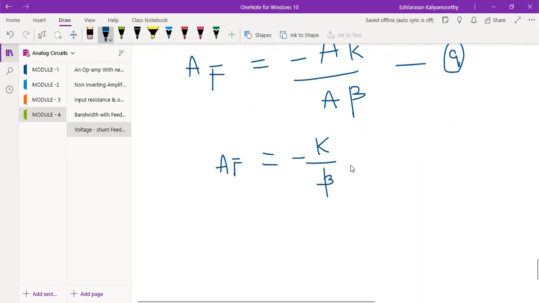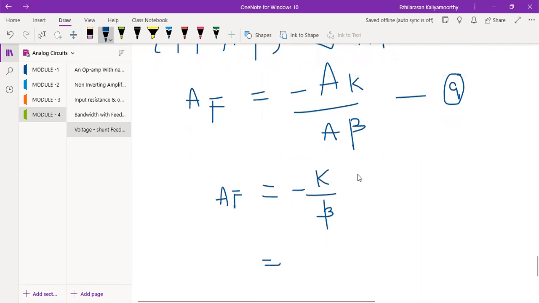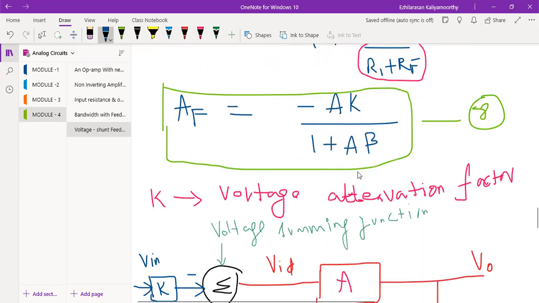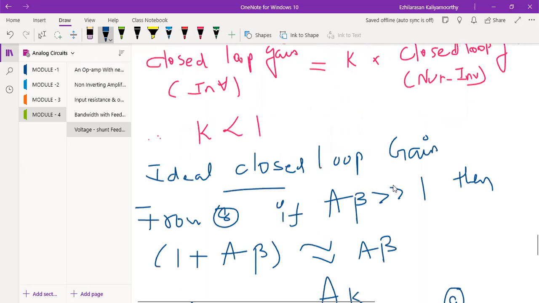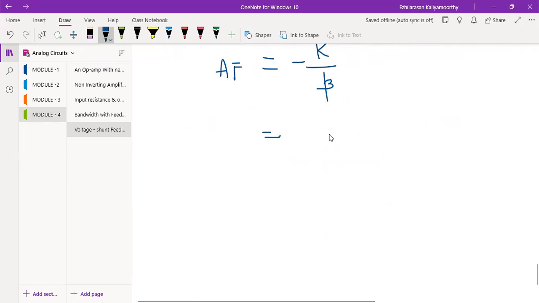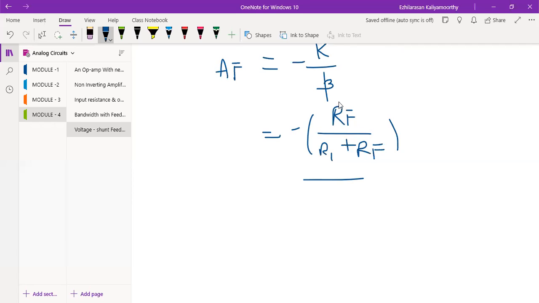Still I can write this further. What is K? From the earlier expression, K is minus Rf by R1 plus Rf, divided by beta.